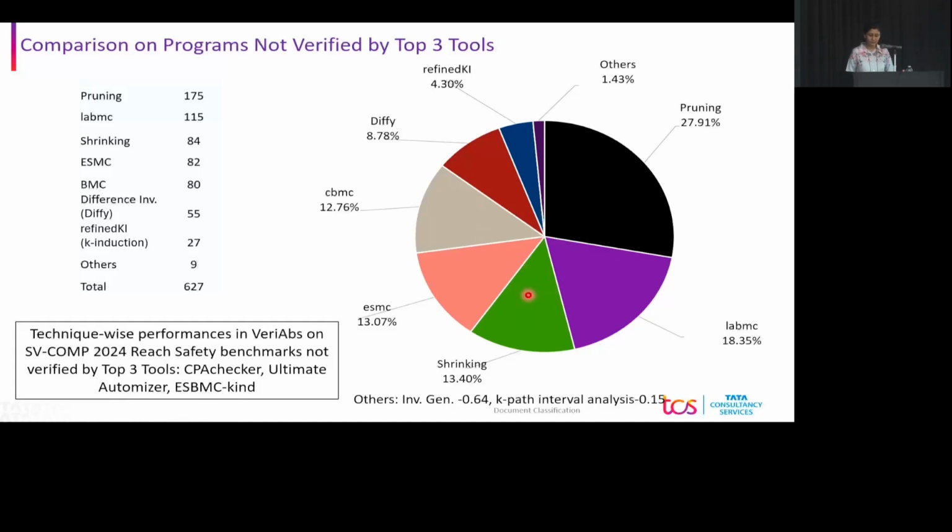So yeah, this is the role. In fact, there are certain programs that are verified by our K-induction as implemented in CPAchecker and not verified by CPAchecker itself, because we have placed it in the right strategy.